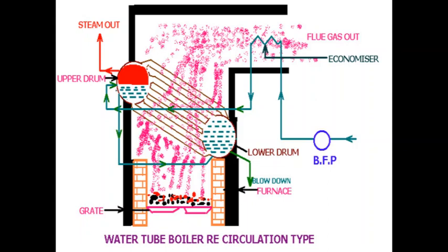From the lower drum there is an arrangement of blowdown also, to prevent accumulation of sludge, impurities and scales. So this is the first concept of circulation that was introduced in the water tube boiler, the recirculation arrangement.